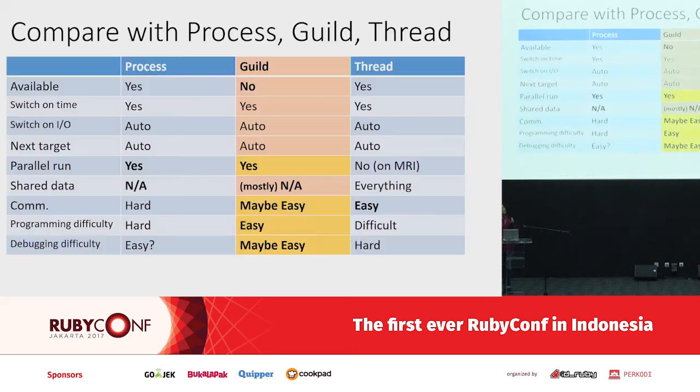The characteristics of guilds are here. The typical point is that we can run in parallel, communication is easy if we use the channel, and programming difficulty is hopefully low.